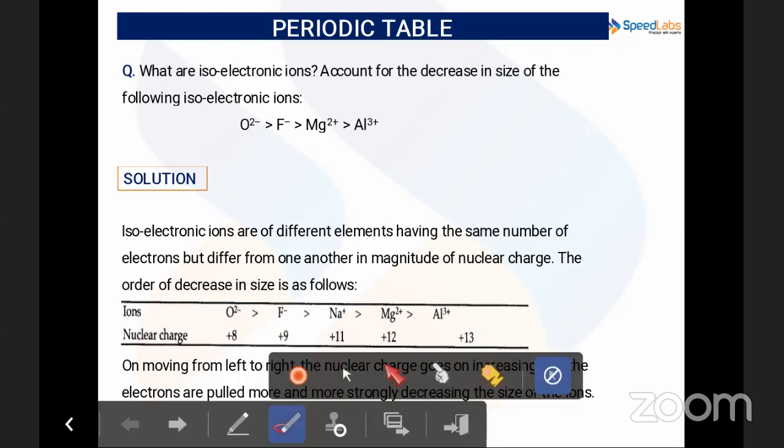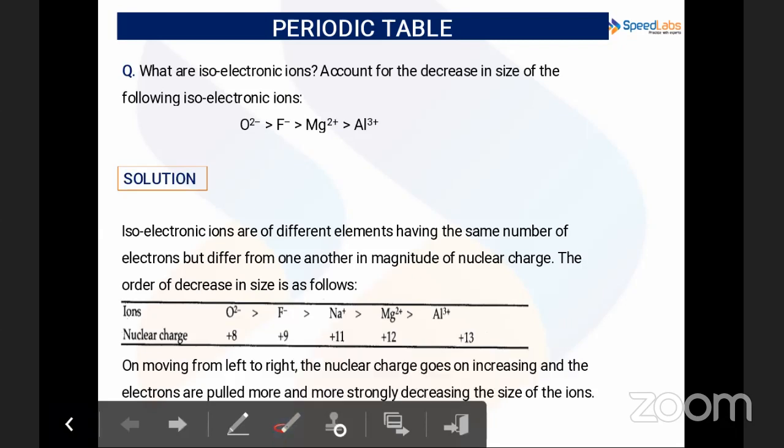So if you see here, we have defined isoelectronic ions are of different elements having the same number of electrons but different from one another in magnitude of nuclear charge. So that's what I stated.